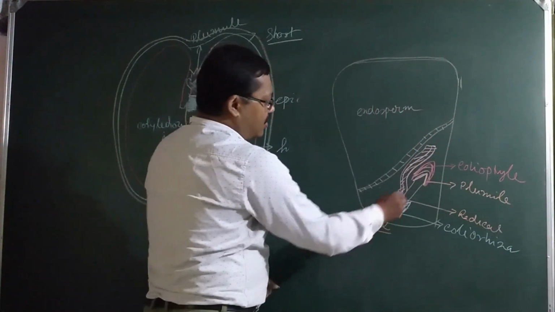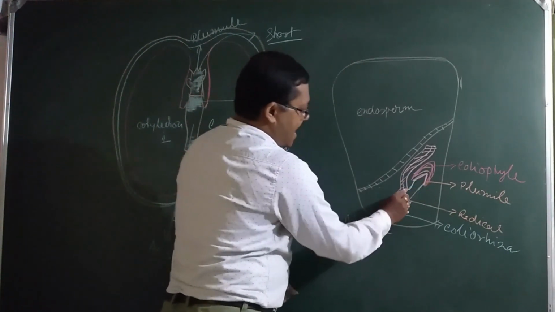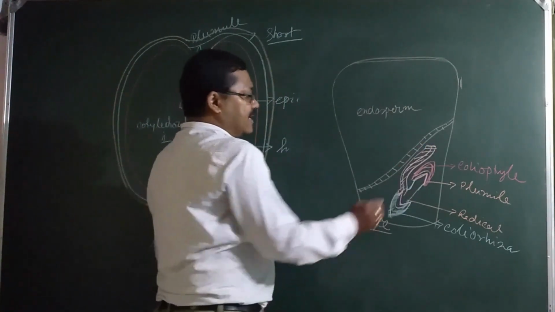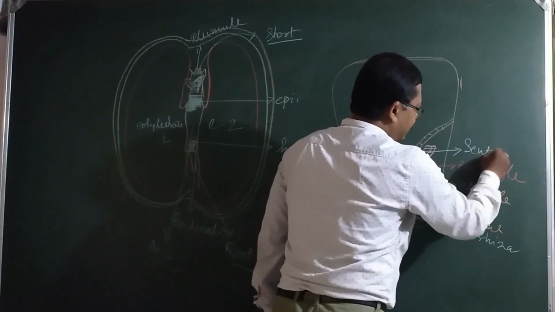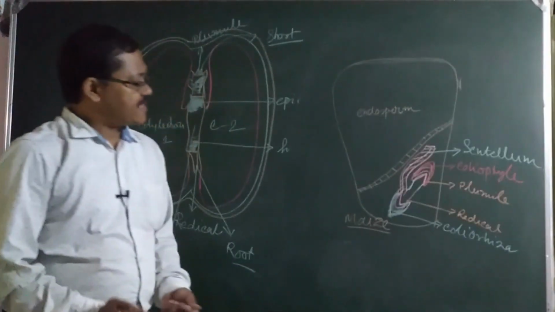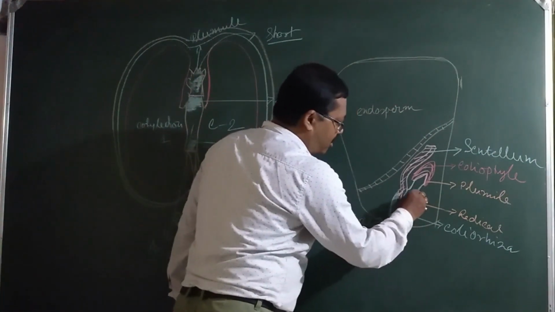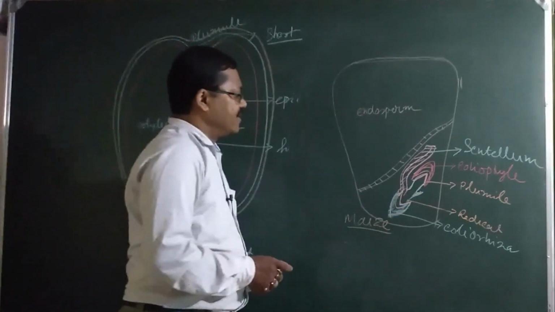Coleoptile and coleorhiza cover the embryonal axis, and this part is the single cotyledon. This cotyledon is called the scutellum. So this is a special structure. A small elongated structure is also found, called the epiblast.